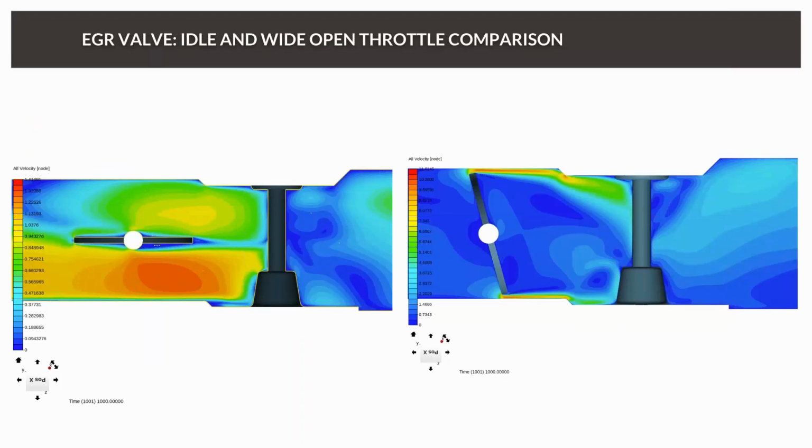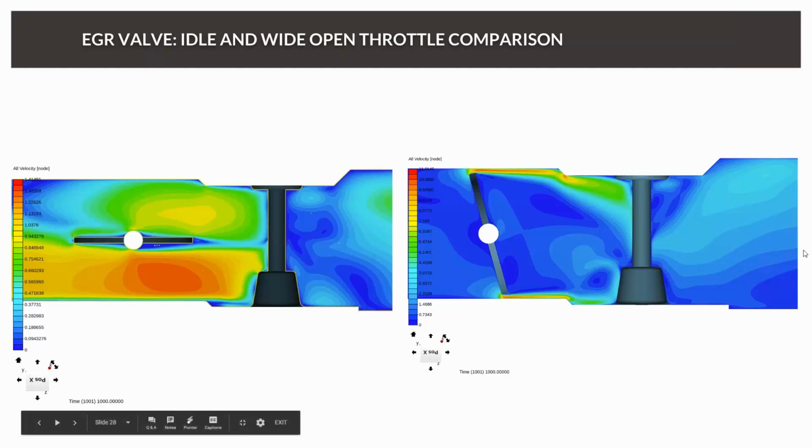If we now compare both states, on the left side we have the wide open throttle, and on the right side it's idle. You can really see that the whole flow structure is changing, and especially that the wake behind the poppet is massively impacted by the butterfly valve.